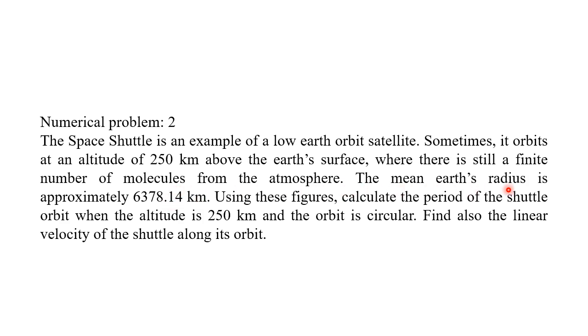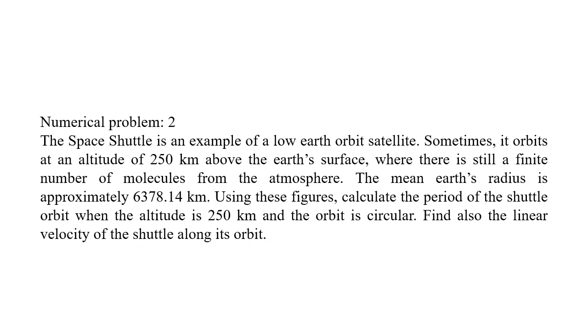The mean Earth's radius is approximately 6378.14 km. Using these figures, calculate the period of the shuttle orbit when the altitude is 250 km and the orbit is circular. Find also the linear velocity of the shuttle along its orbit.